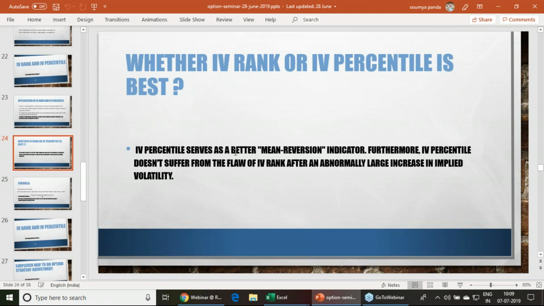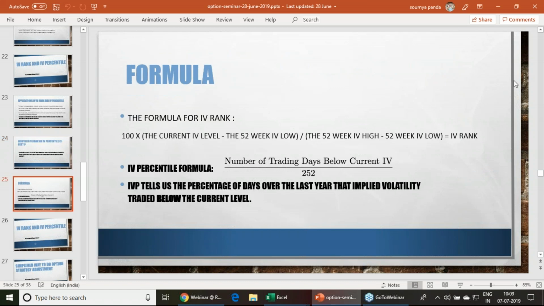However, IV rank also gives you a great benefit when it comes to proper implementation. So both have the same accuracy level. I do not find any different accuracy level, but there is one big problem in calculating this.